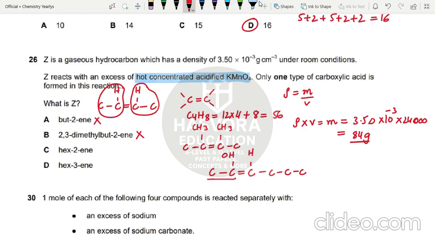On the other side, butanoic acid will form, because there are 4 carbon atoms. So this will form two types of carboxylic acids. So this is wrong. Now let me just clear up this space so I can do the last one.